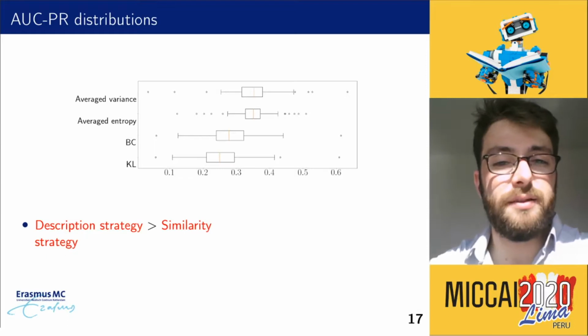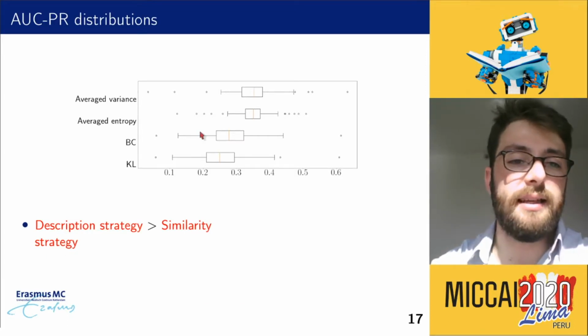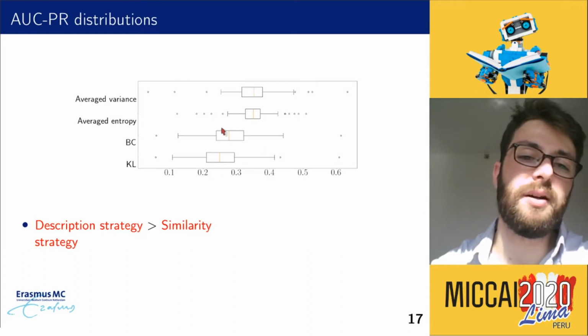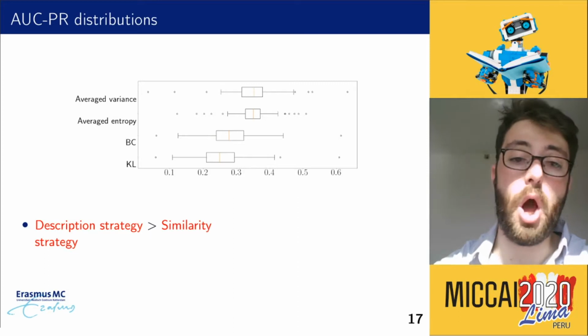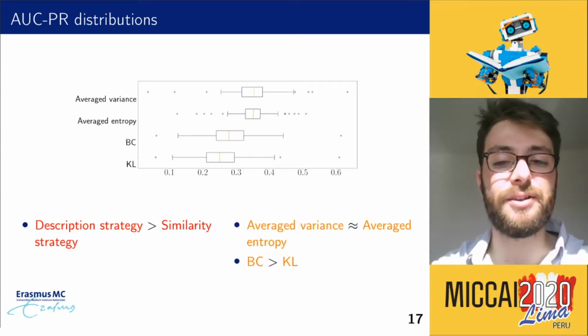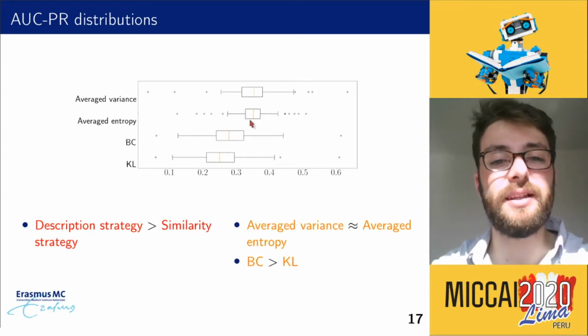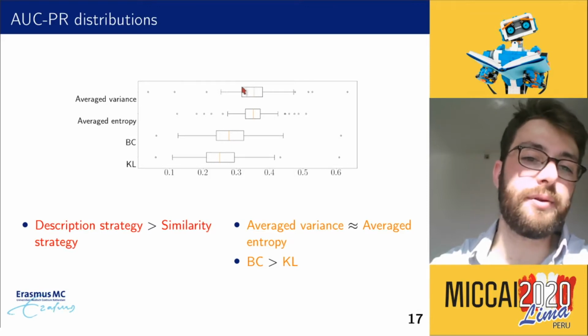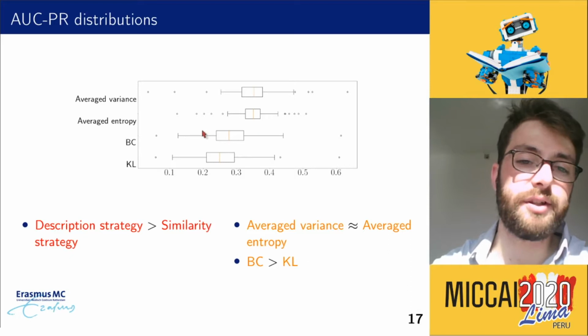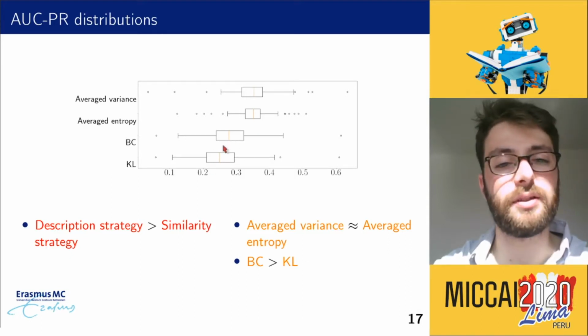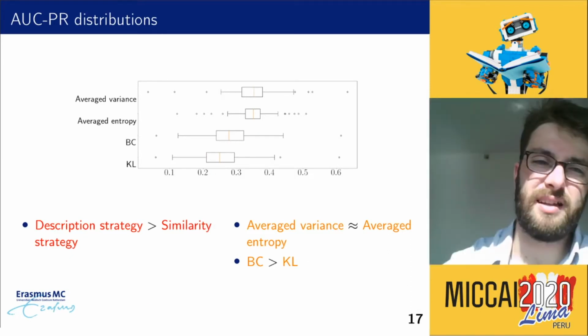What we can see from there is that the averaged variance and entropy perform better than the Bhattacharya coefficient and the Kullback-Leibler divergence. Also, the averaged variance performs similarly to the averaged entropy. Finally, we can see that the Bhattacharya coefficient is better than the Kullback-Leibler divergence.